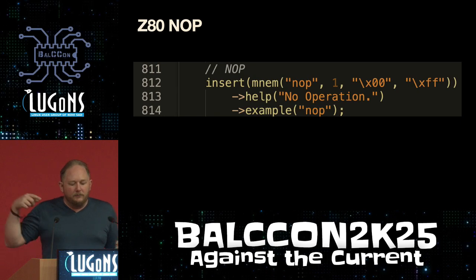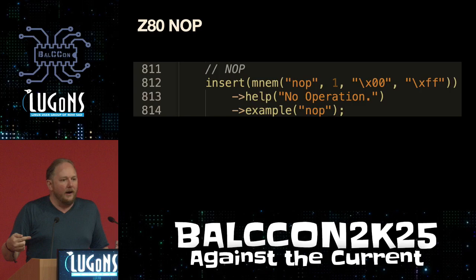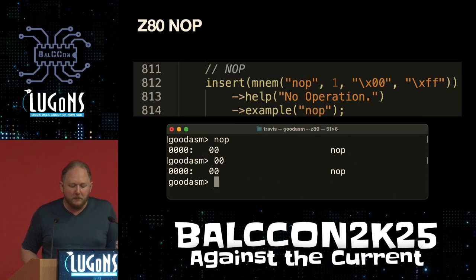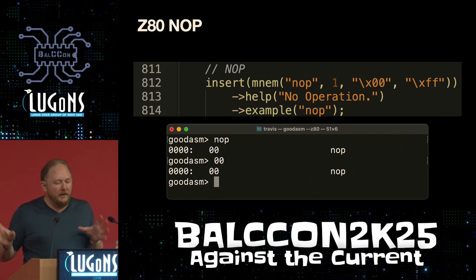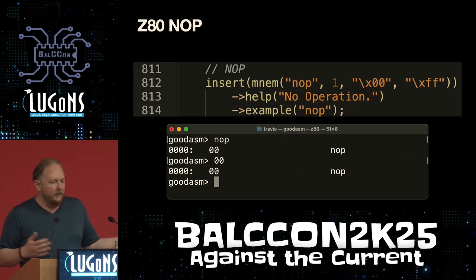So when the thing runs the self-test, it's going to have NOP, and it's going to make sure that that becomes the byte 0, and it's going to make sure that it does that by matching this instruction and no other instruction in the definition. And sure enough, from the command line, I can type NOP, and it gives me 0, 0. Or I can type 0, 0, and it also tells me that NOP is 0, 0, by giving me the listing back.